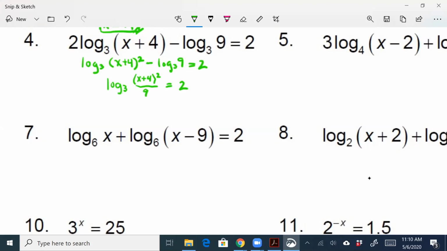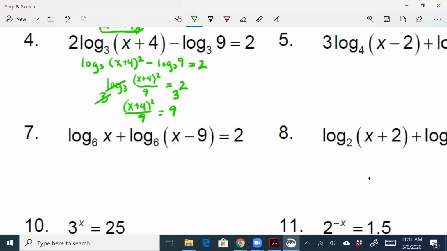And then we can take both sides and raise them to the power 3. That cancels those, and we're left with x plus 4 squared over 9 is equal to 3 squared, which is also 9.